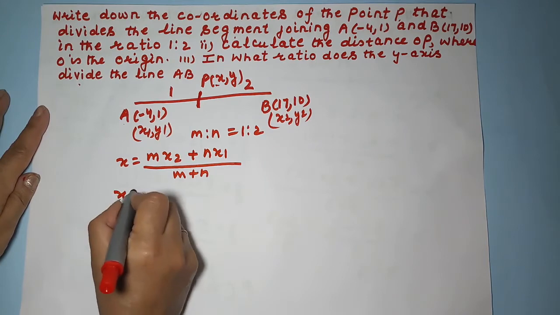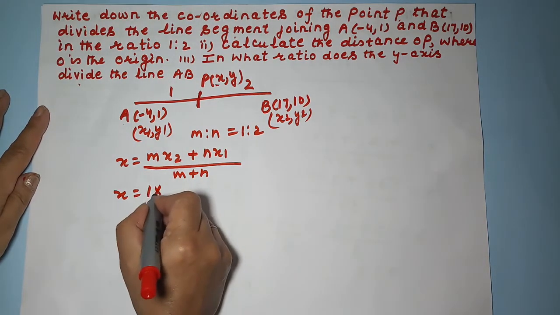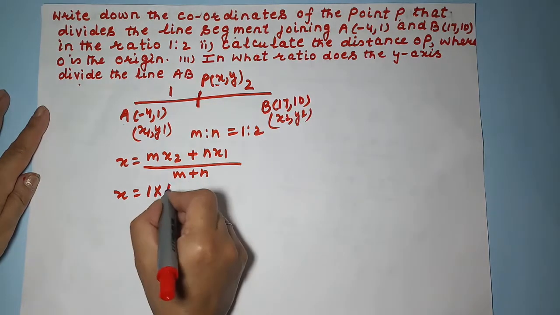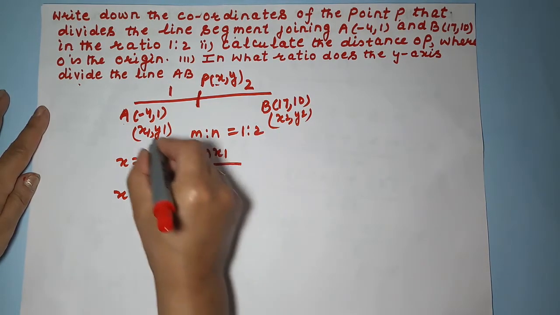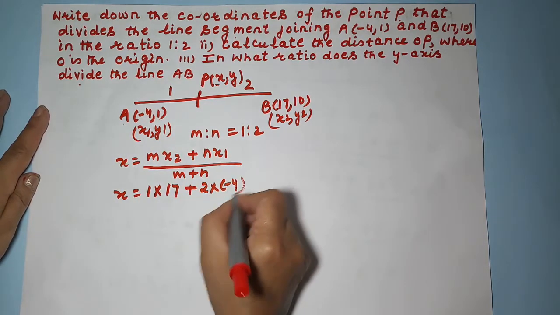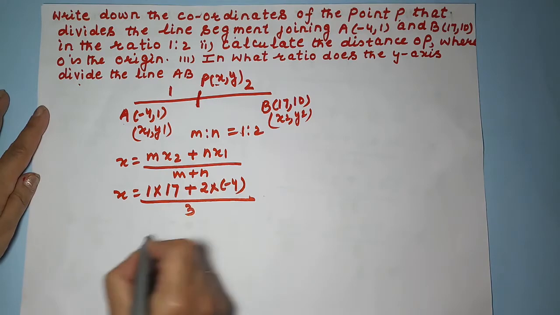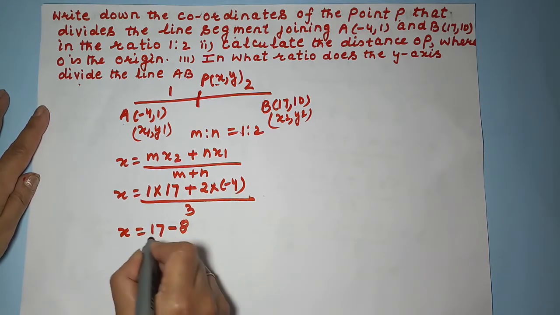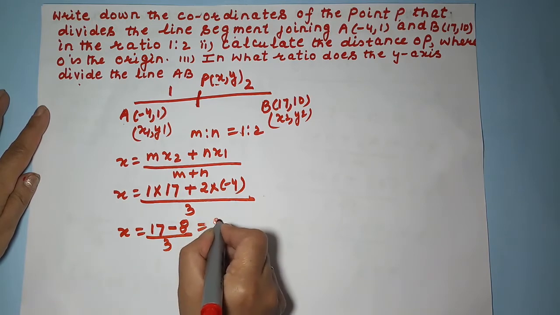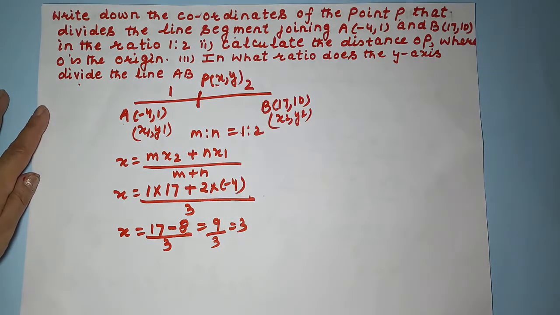So x is equal to, how much is my m? 1. What is my x2? 17. Plus what is my n? 2. What is my x1? Minus 4. Divided by m plus n, that is 1 plus 2, which is 3. So x is equal to 17 minus 8 divided by 3, which is 9 divided by 3, which is 3. I got the x coordinate as 3.